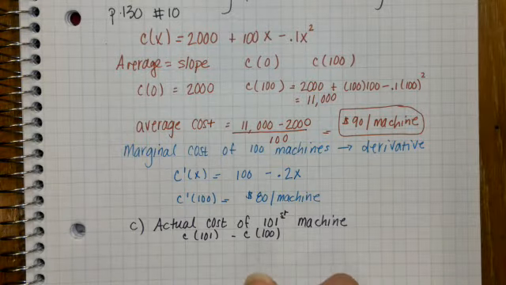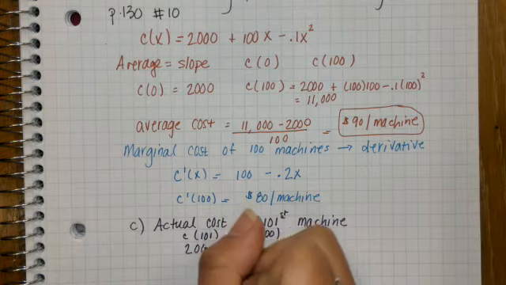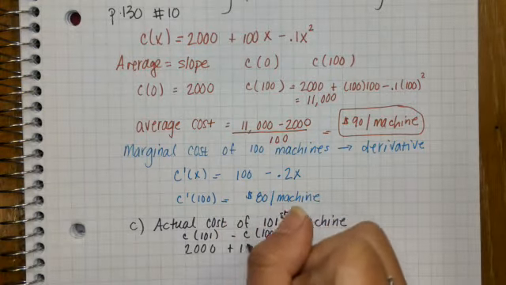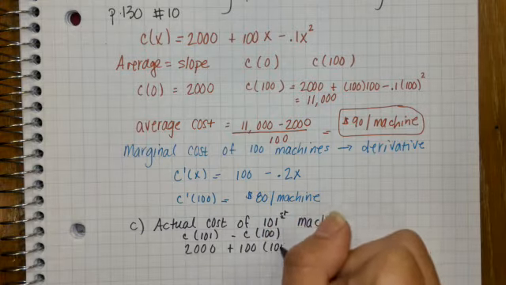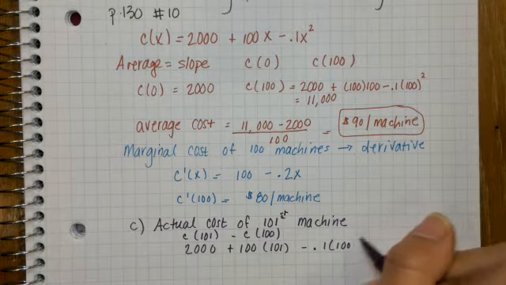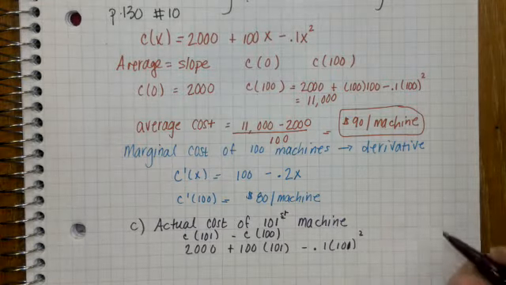So the cost of the 101st machine is going to be 2,000 plus 100 times 101 minus 0.1 times 101 squared.